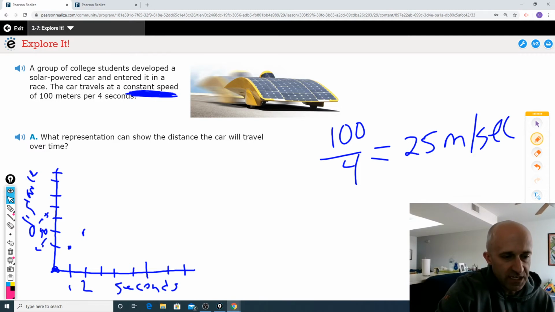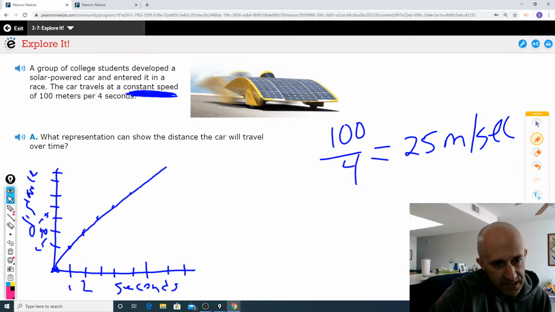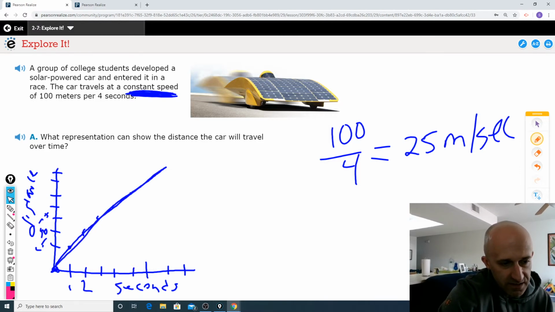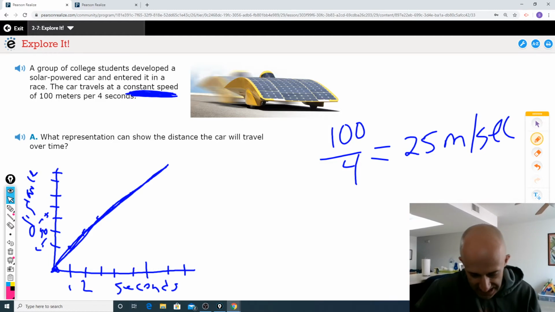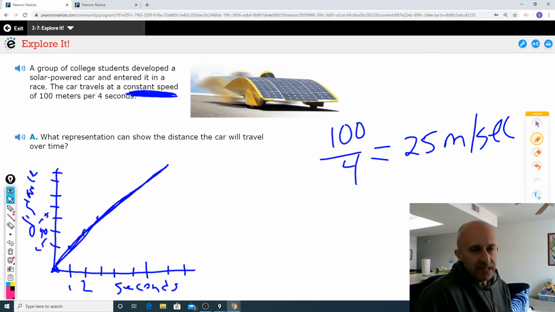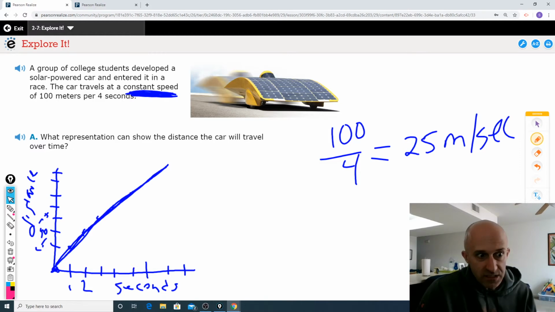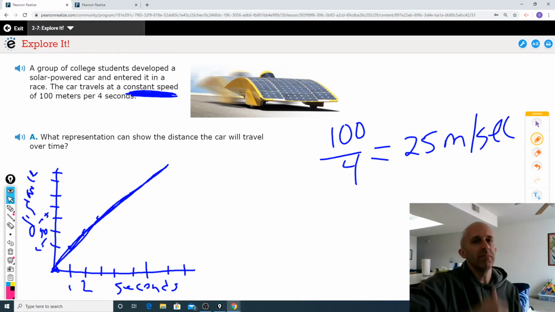So after 1 second, it travels 25. 2 seconds, it's 50. 3 seconds, it's 75. 4 seconds, it's 100. 5 seconds, it's 125. If you notice, that line is a straight line. You have to bend your mind here, but that line is a straight line. What's up, Nick? So that line is a straight line because it is a speed. It travels the same speed, the same rate.